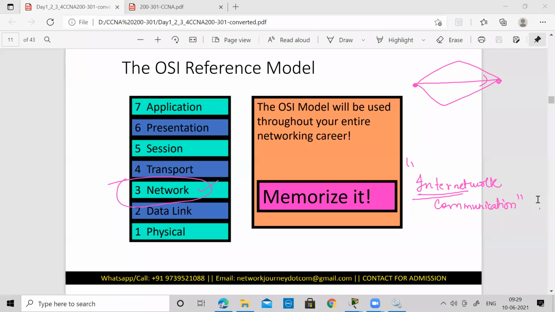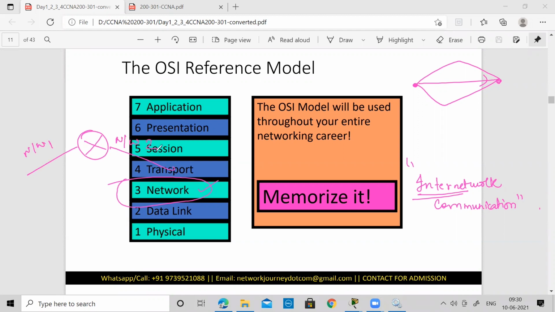So a router is responsible for inter-network communication. When you want to connect two networks, you bring a router into the picture. At one side there should be network 1, at the other side there should be network 2.